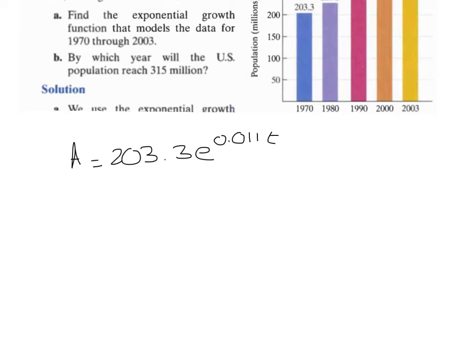I'm looking for which year, so we need time, t. Will the population reach 315 million? Well, remember, that represents A. This is your final quantity after t years or months or whatever it tells us the time is. So I'm going to go ahead and substitute that in for A.